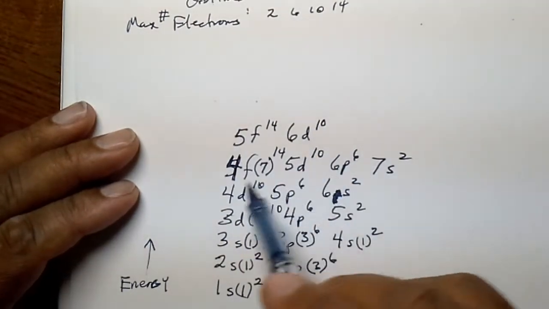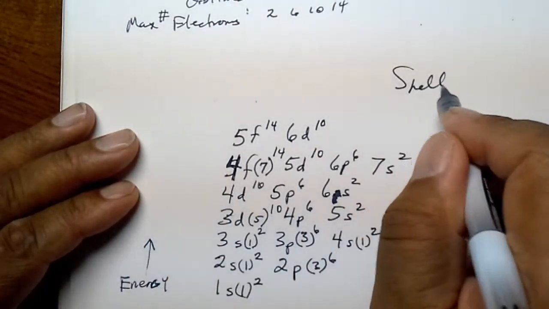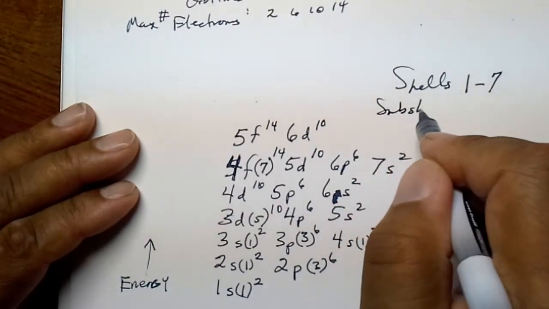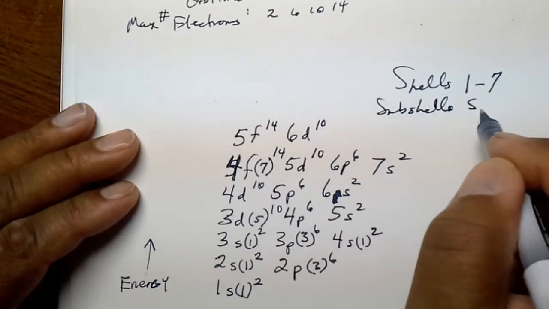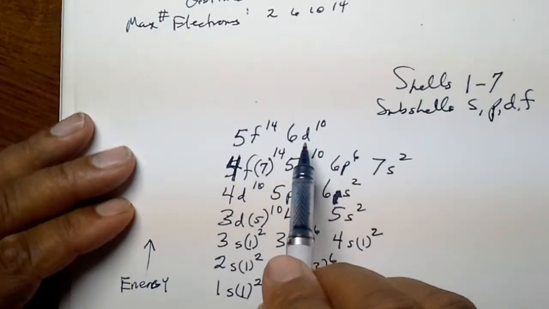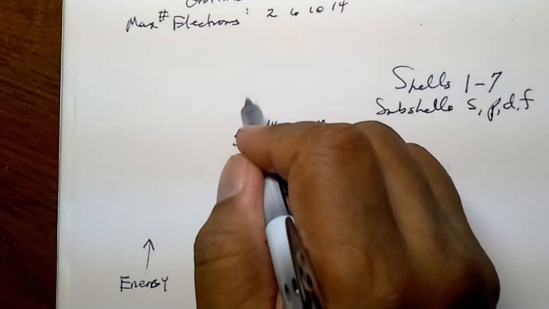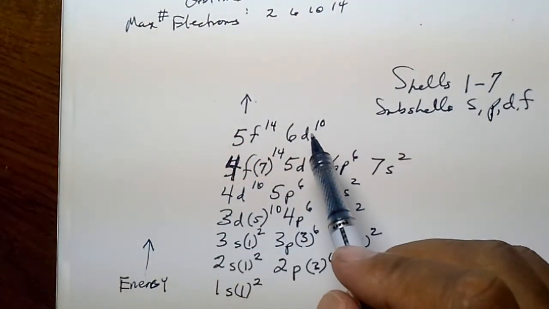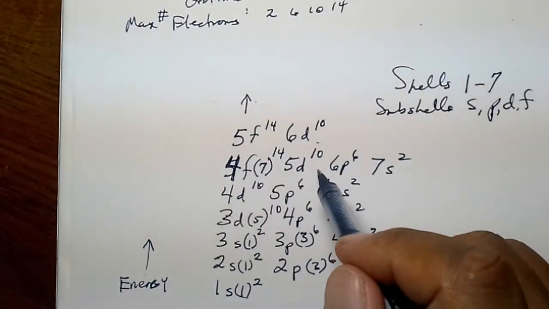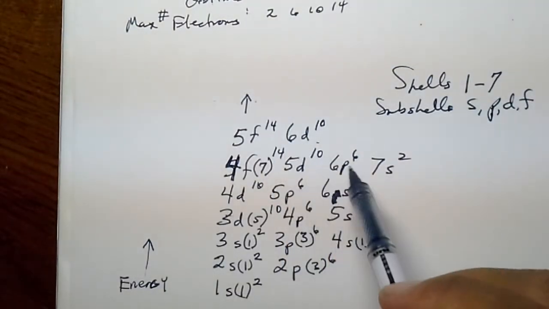Okay, and so this covers levels from shells 1 through 7 and subshells S, P, D, and F. Now they do go higher, and there are energy levels that are much higher as a result of bond energies. As atoms form chemical bonds, the electrons can jump up into higher energy levels.